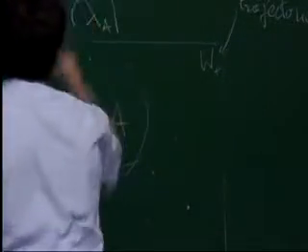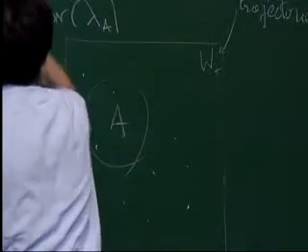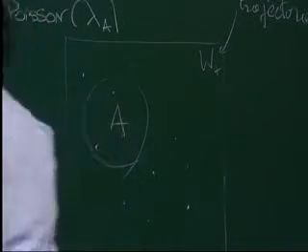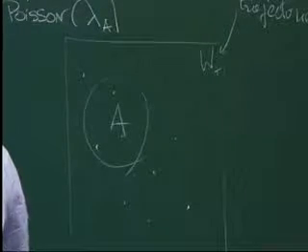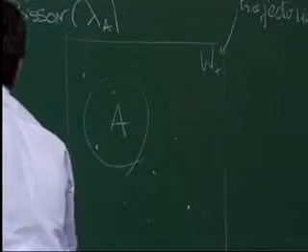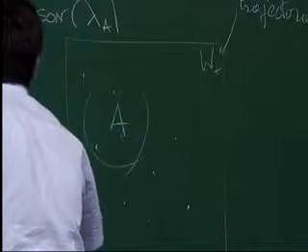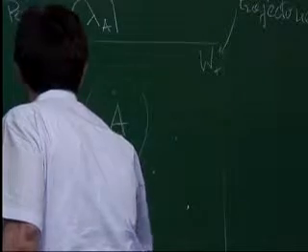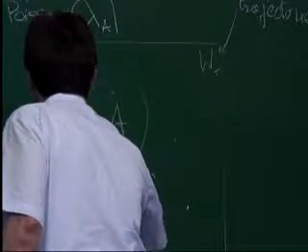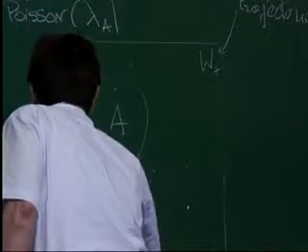So what that means is that if I call N_A that number, it means that the probability that N_A is equal to k is equal to e to the minus lambda(A) times lambda(A) to the k divided by k factorial.